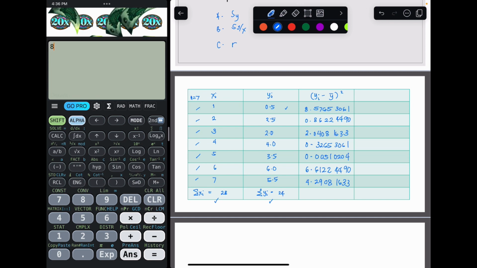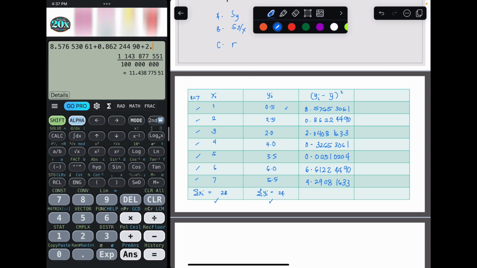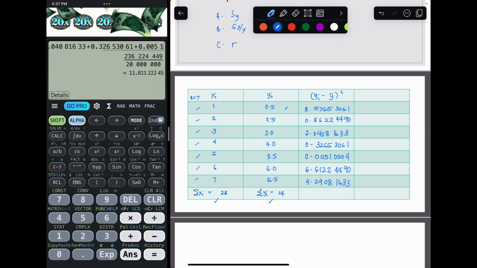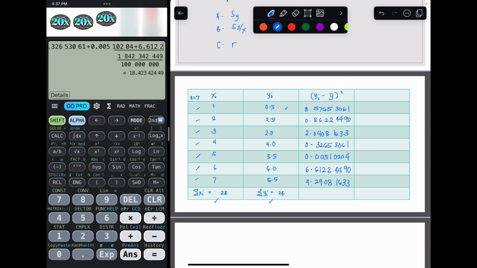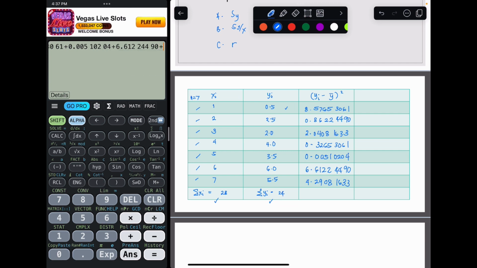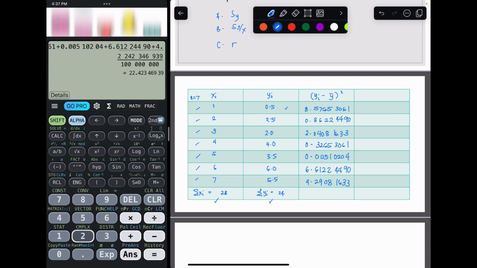So we take the sum. 8.57653061 plus 0.86224490 plus 2.04081633 plus 0.32653061 plus 0.00510204 plus 6.61224490 plus 4.29081633.